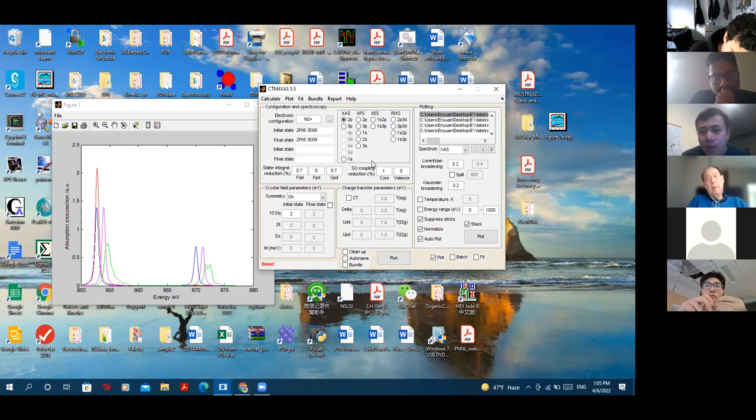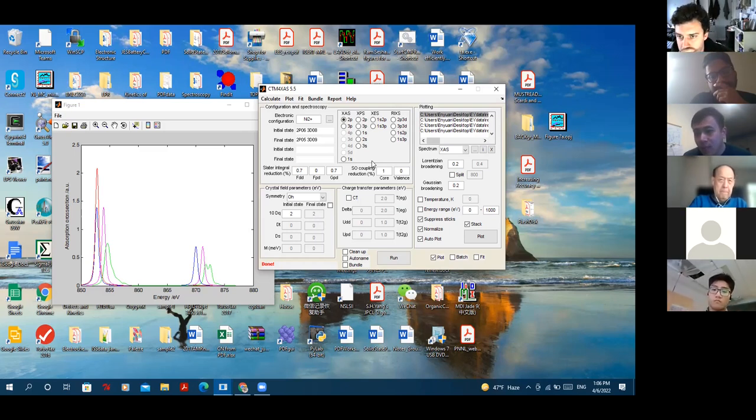And the charge transfer includes both metal to ligand charge transfer and ligand to metal charge transfer, right? In some cases, the resulting 3d energy is so low that it can even be lower than the 2p. It happens for some late transition metals.